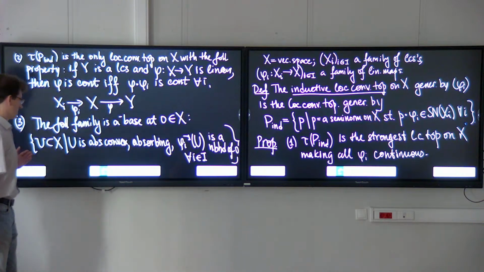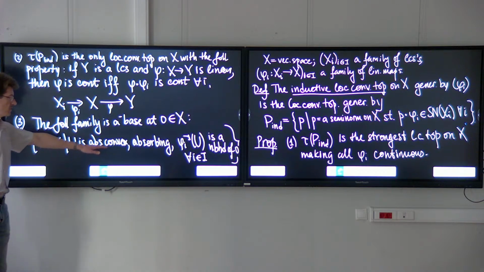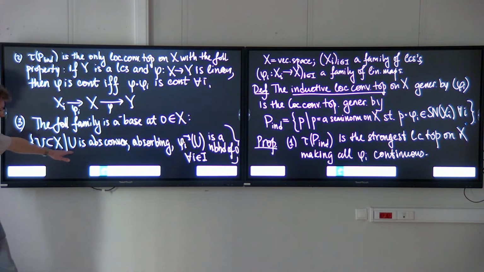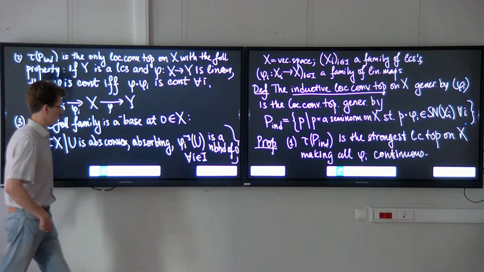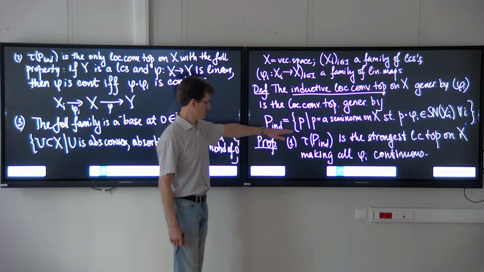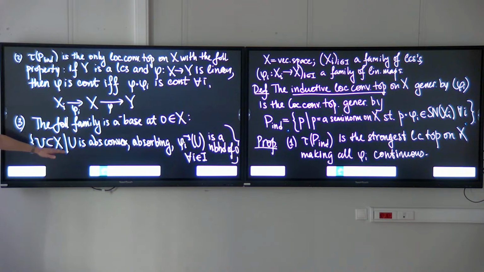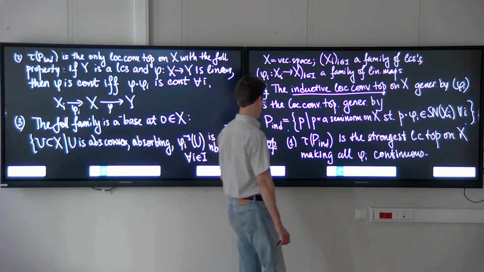Again, we see that this definition is very inexplicit. We describe a certain property of such sets U, but we don't give an explicit construction. This is similar in spirit to the original definition of our topology. This is not very explicit, and as a result, the description of the respective base at 0 is not explicit. We just single out a property which has to be satisfied by such neighborhoods.